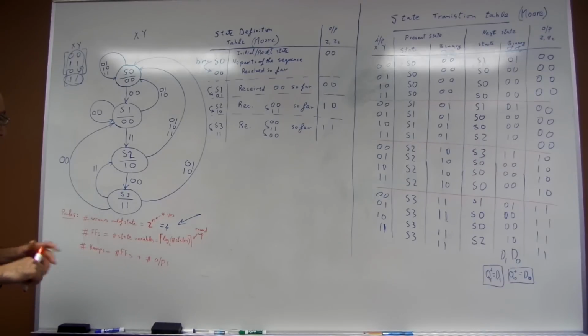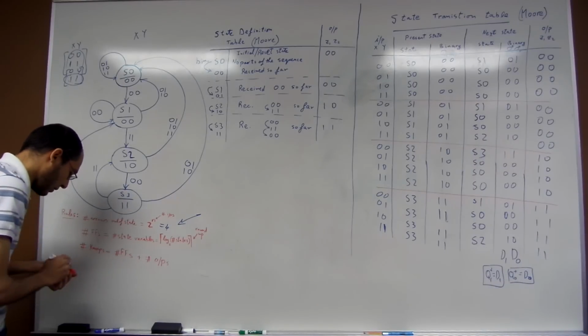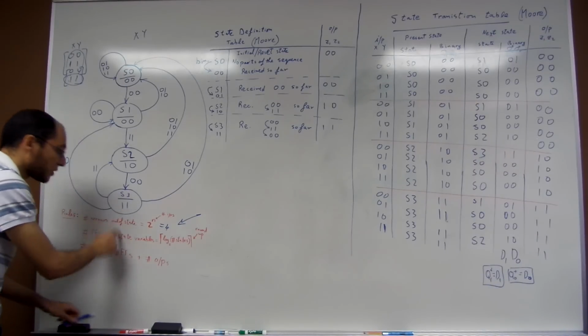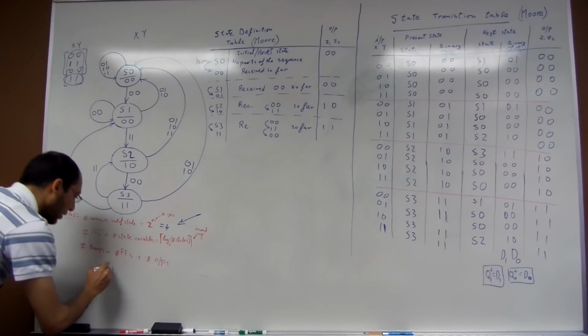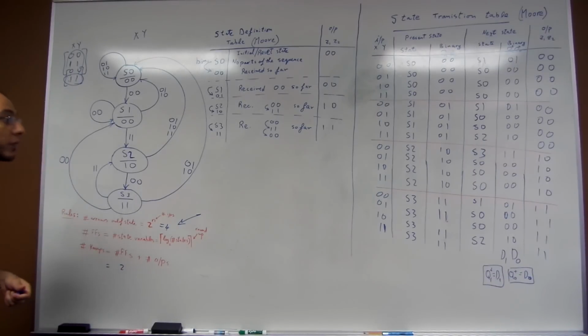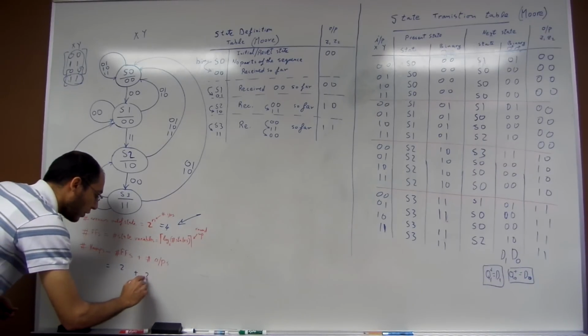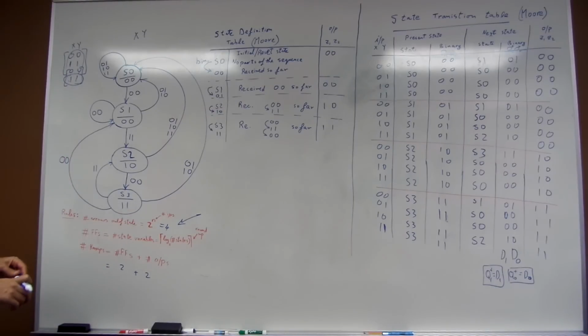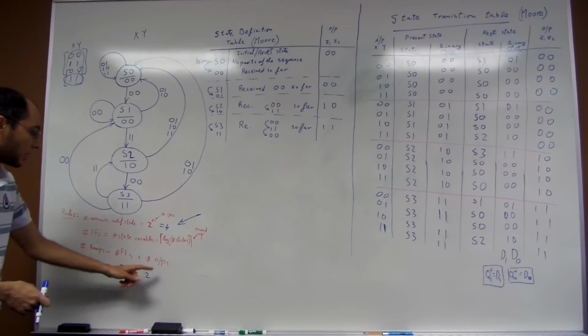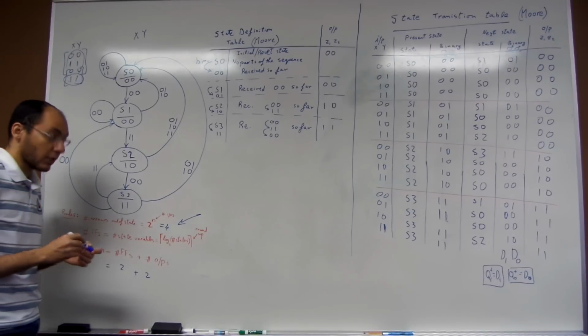That's a rule. All these rules are for the Mealy and the Moore. How many flip-flops do we have for our case? We have 2 flip-flops and 2 outputs. So we're going to start with the flip-flops and then proceed with the K-maps of the outputs.